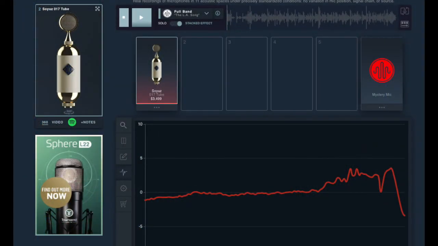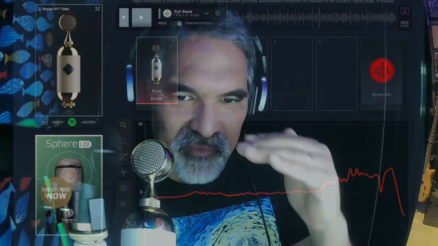If you look at that, you would think there is a lot of upper mid stuff going on. But here's the thing: if you compare what Audio Test Kitchen says is going on with the 017 tube, the upper mids look very 87AI-ish.